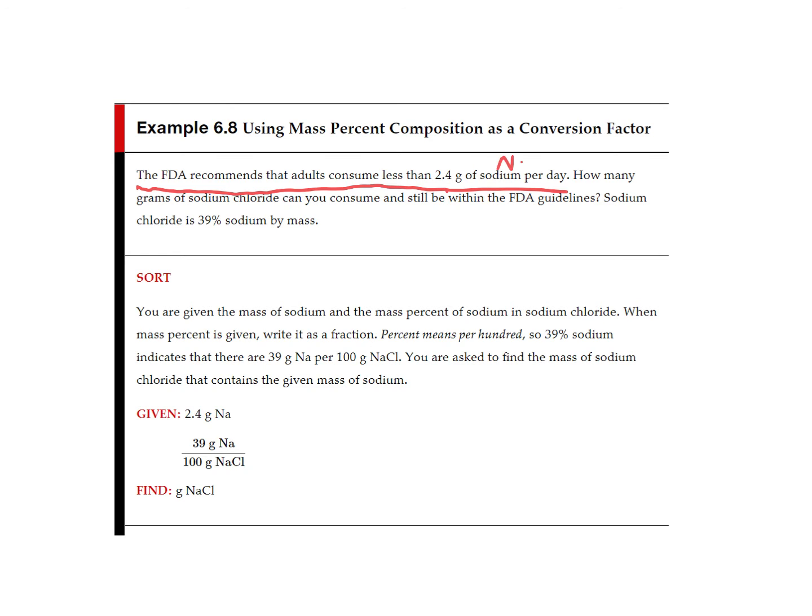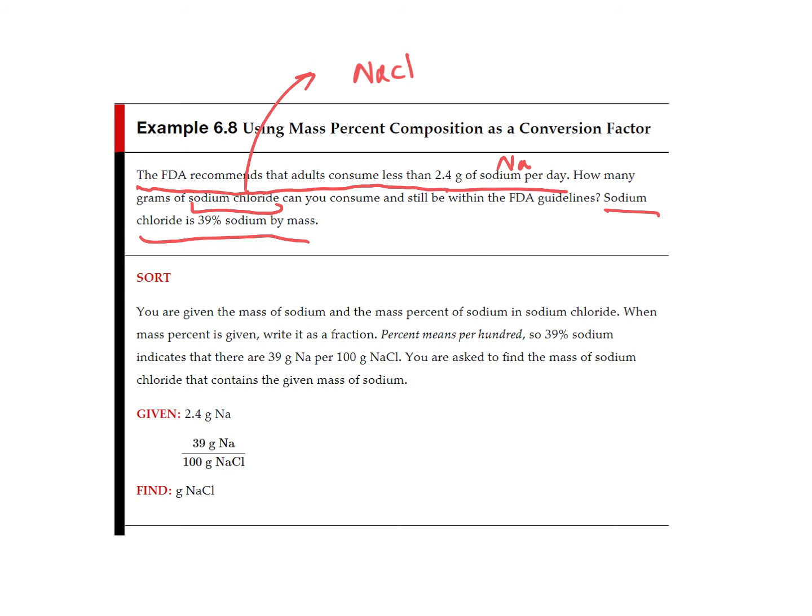Na, right? How many grams of sodium chloride, and what is the chemical formula for sodium chloride? Exactly. Can you consume and still be within the FDA guidelines? And it says sodium chloride is 39% sodium by mass. Is that clear what the question asks?